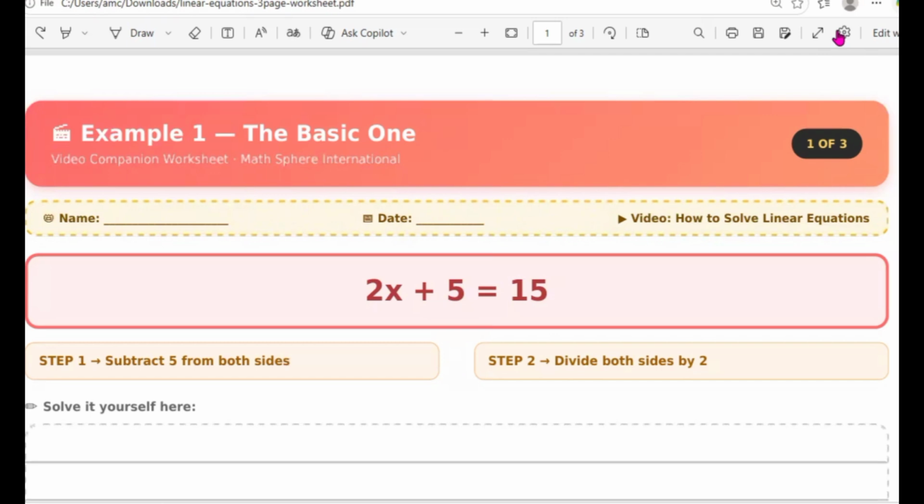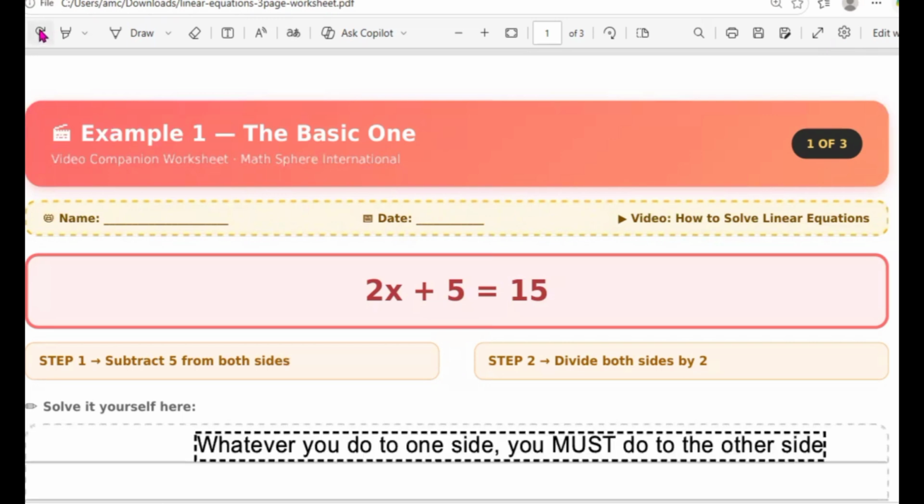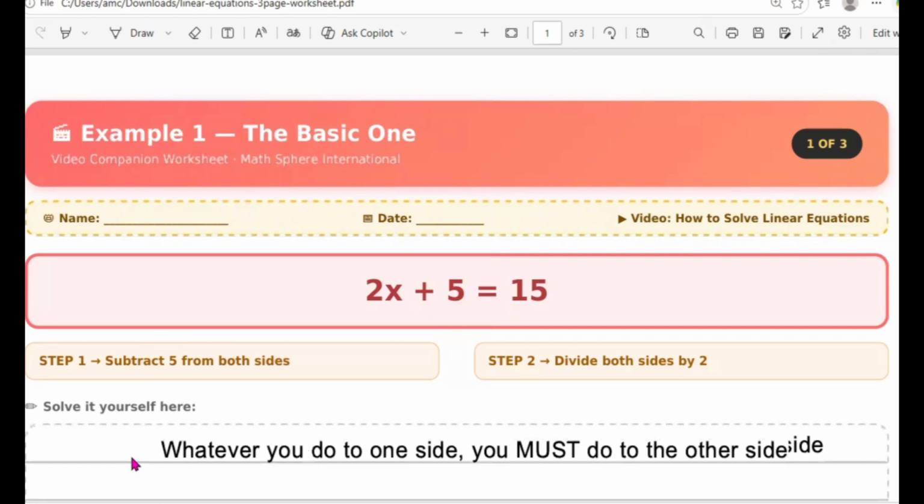Before we solve this question, we have a golden rule. Whatever you do on one side, you must do to the other side. It means add something on the left, add it on the right too.